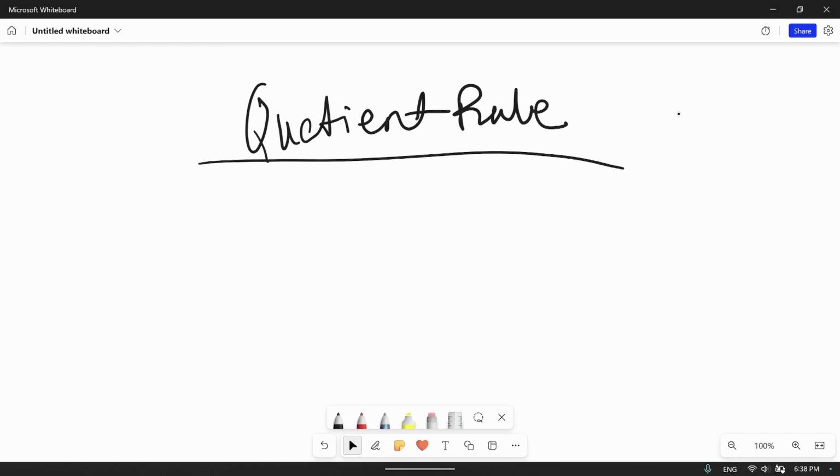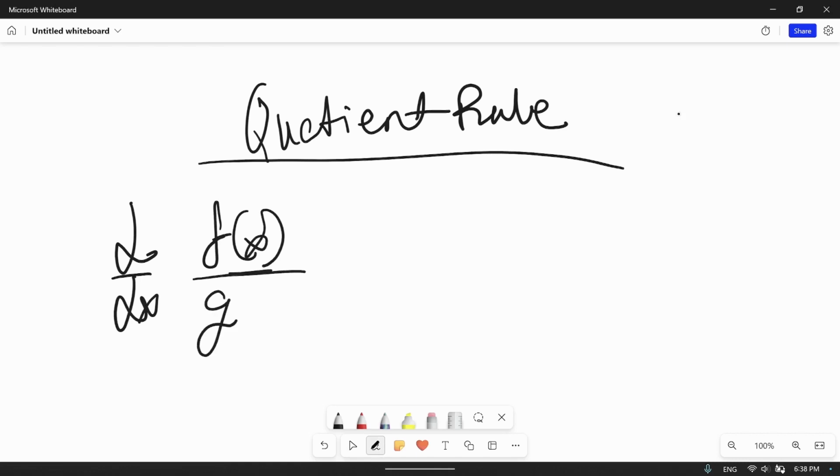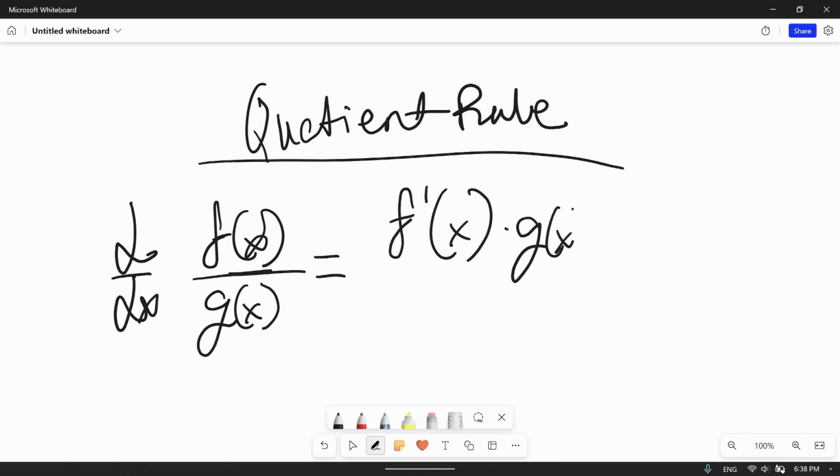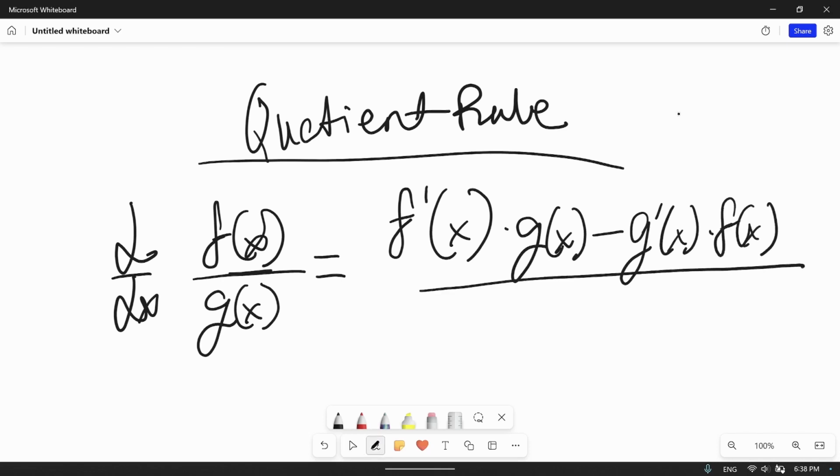Basically, if you want to take the derivative of a function divided by another function, then what you get is f prime of x, the derivative of the top function, multiplied by the bottom function, minus the derivative of the bottom function multiplied by the top function, all divided by the bottom function squared.